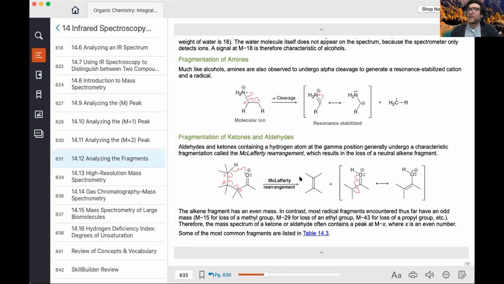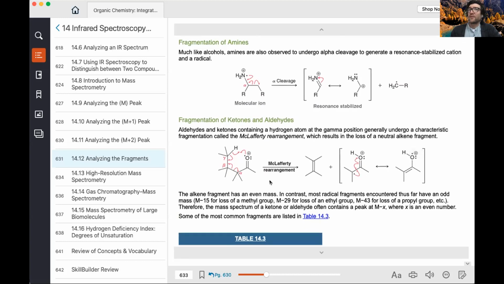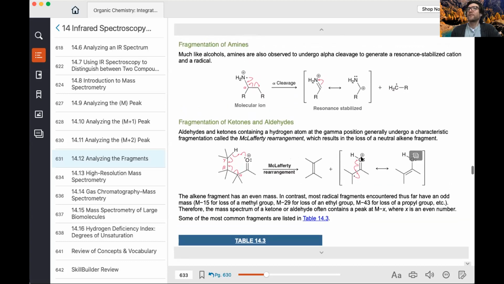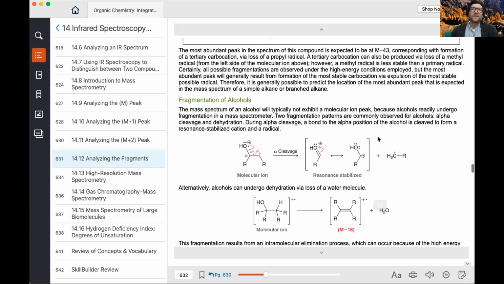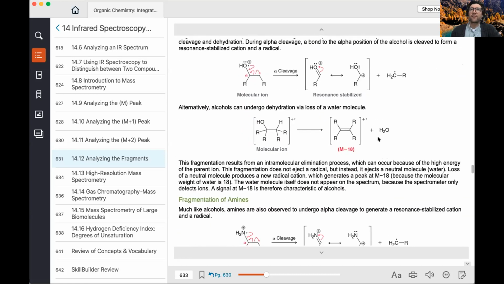You wouldn't see this one, but this ion would weigh M minus 84. So it would be useful to remember each of these functional groups and how they fragment.